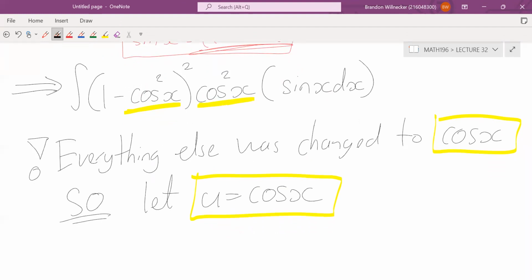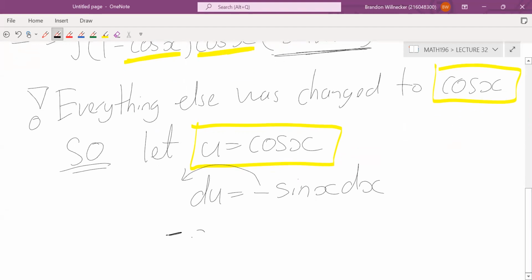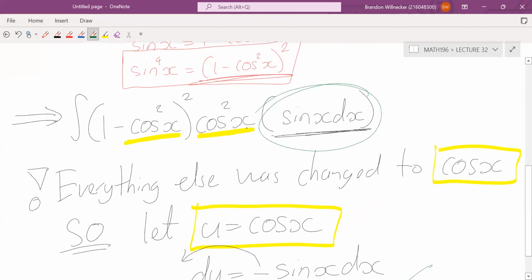What's du going to be? du is going to be minus sine x dx. We don't want minus sine x dx. We want sine x dx. There's a minus sign in our way. So we take the minus across. So we have minus du is equal to sine x dx. And that's what we want. Okay, we want that to go over there.